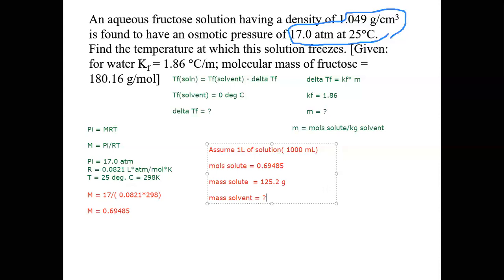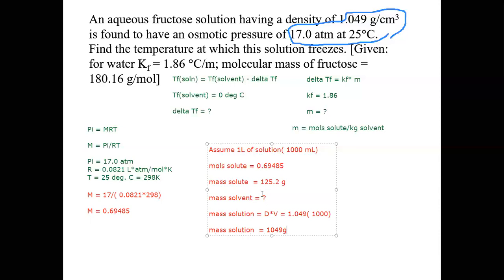Now we need to find the mass of solvent. So we need to convert the volume of solution to mass of solution. So mass of solution equals the density times the volume, but volume needs to be in milliliters. So the mass of solution equals 1,049 grams.